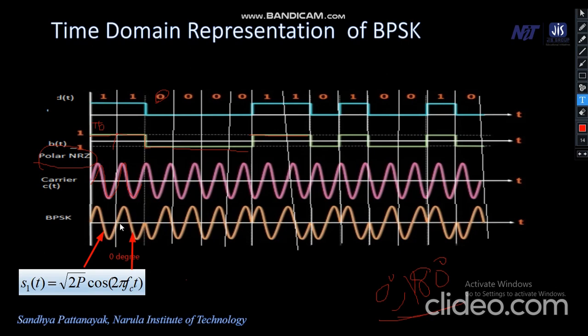Now, let us come to the next point. What is the third bit? It is a binary 0, right? When it's a binary 0, you represent it with a negative voltage. So it is a minus 1 voltage here. Minus voltage multiplied with cos 2 pi fct. What will you get?